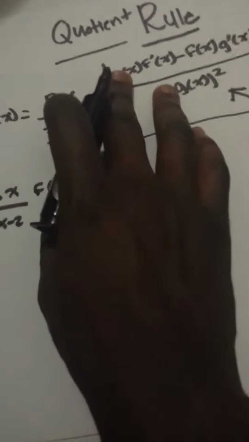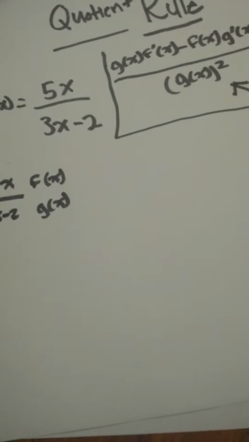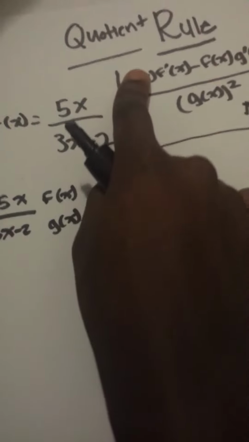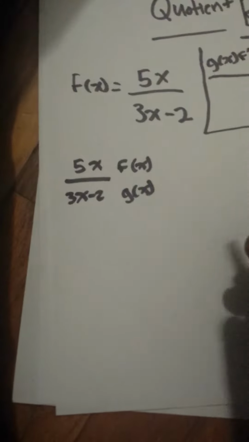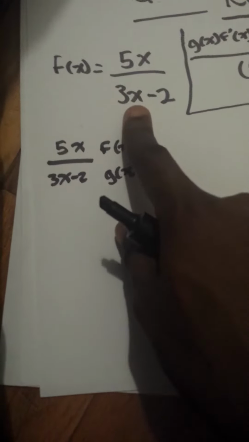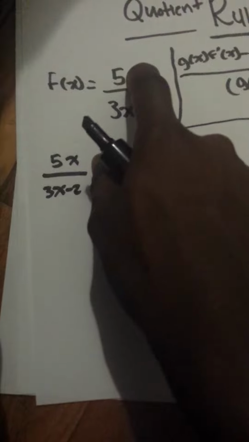As you can see, the quotient rule says when you're taking the derivative of a quotient, or two things being divided over each other, you leave the denominator and times it by the derivative of the numerator. So that's essentially what I'm going to do here.